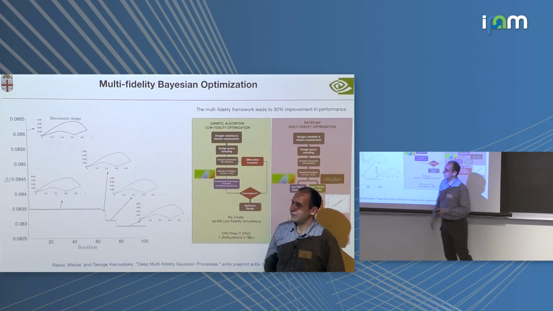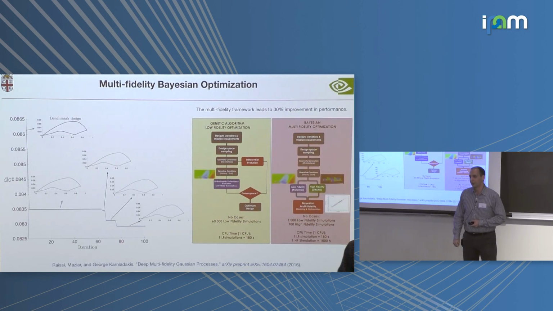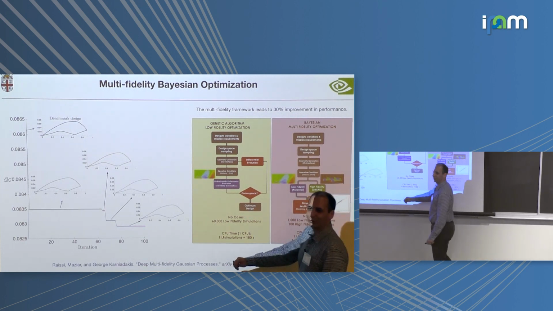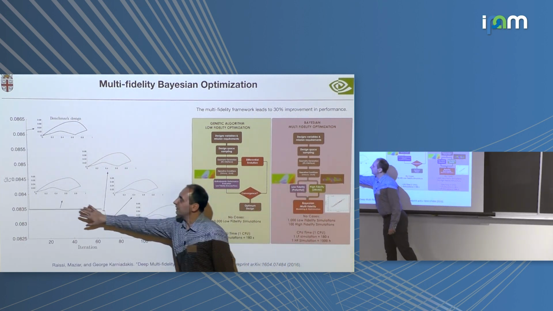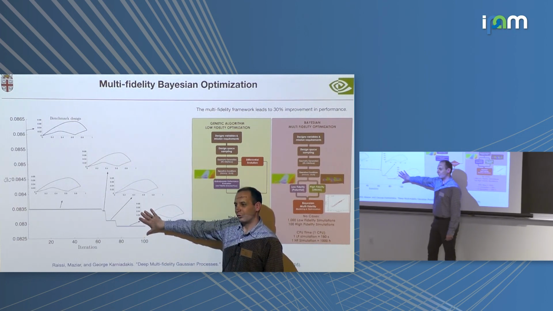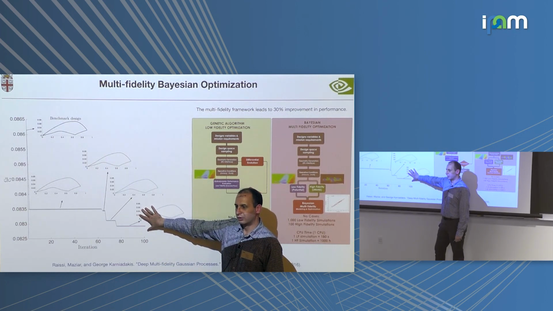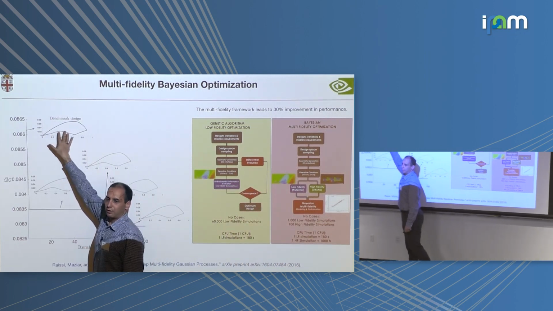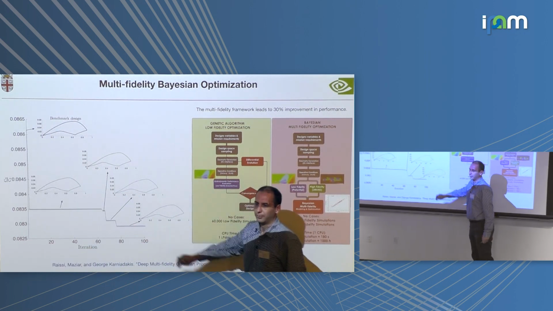So the low fidelity data, along with Gaussian processes, along with some neural networks, helped us improve the already optimized design using genetic algorithm. That one is optimized using genetic algorithm, and we optimized it even further.